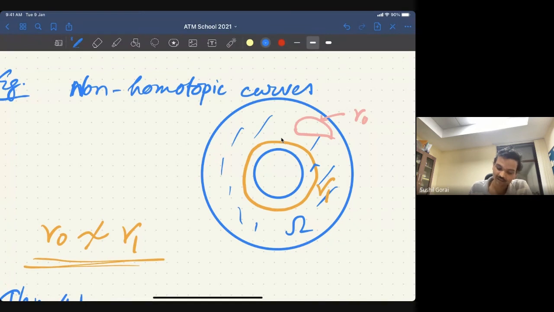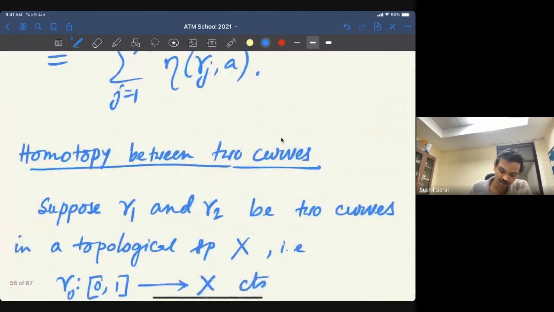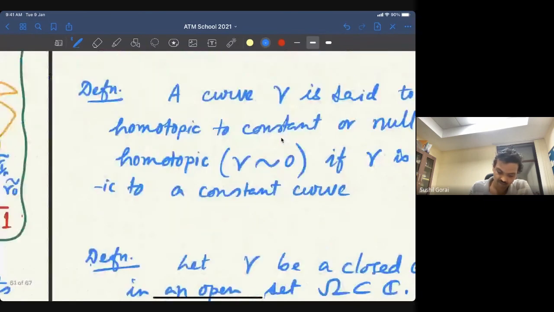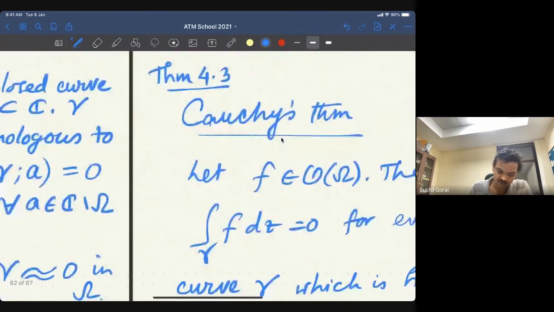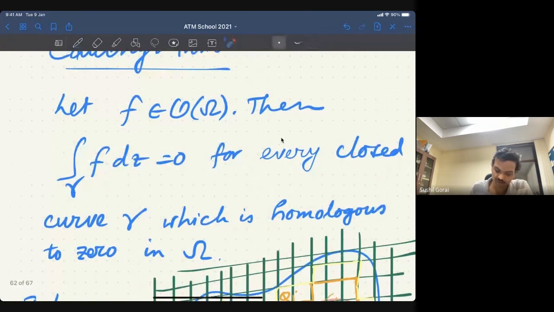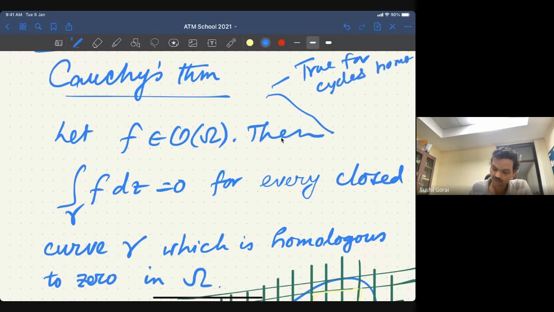Whatever I proved here, where did I prove it? Here. Yeah, so this theorem is true for chains, for cycles also. This theorem is true for cycles homologous to 0.